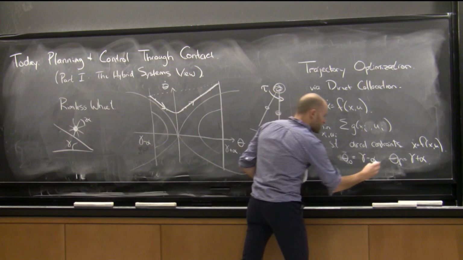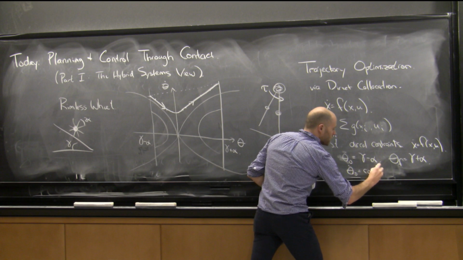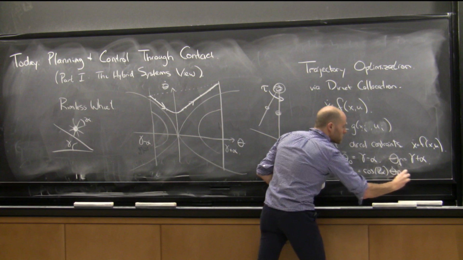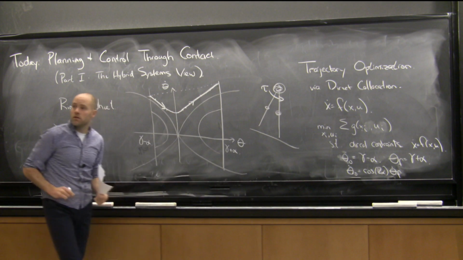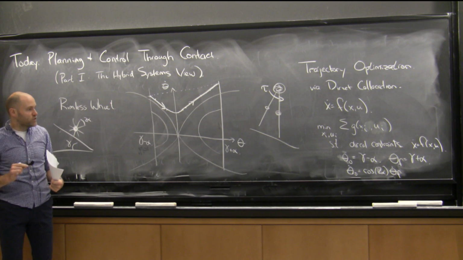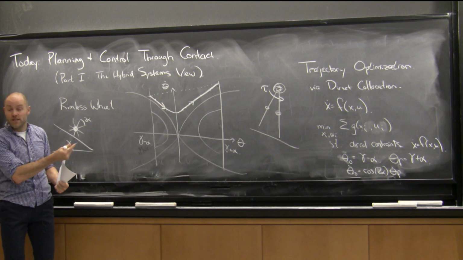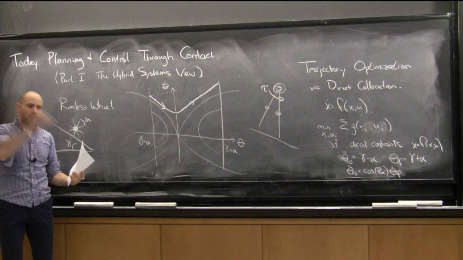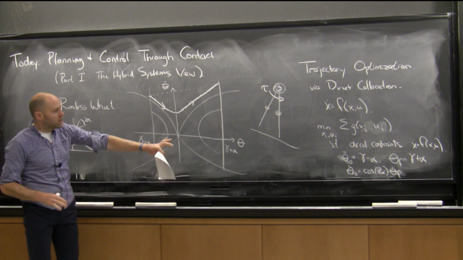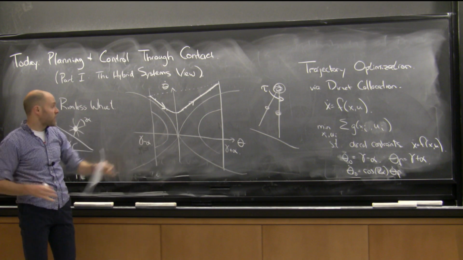So I have one more constraint which says that theta dot at 0 had better equal cosine of 2 alpha times theta dot at final. So I've put in explicitly a constraint saying that my solution satisfies the impact equation, and that same thing says the solution has to be periodic. Right? I ended after the impact equation back where I started. Okay. Voila, we have a perfectly good optimization problem. Now, your question was on point.